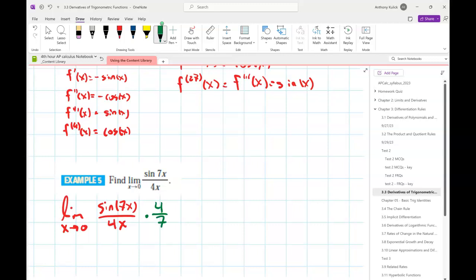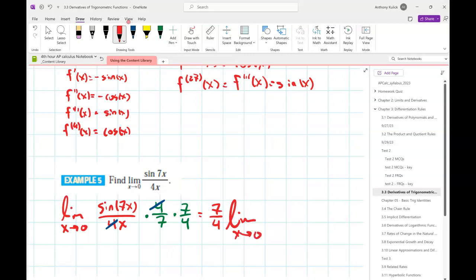Oh, yeah. But I can't just multiply by that, so I just need to do it again by the reciprocal. Why am I doing that? Because it's now doing nothing at all. I'm just multiplying by 1, right? But I can do that. And now write this as 7 over 4.